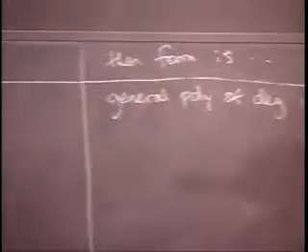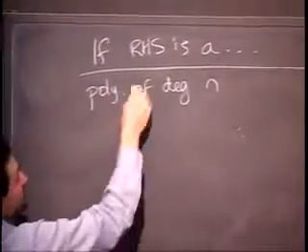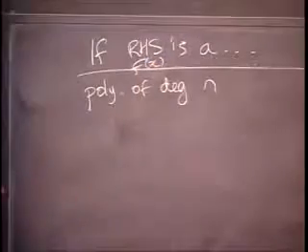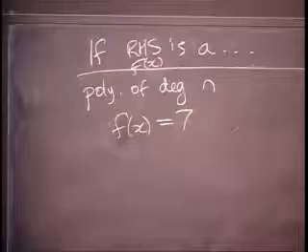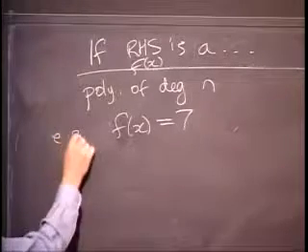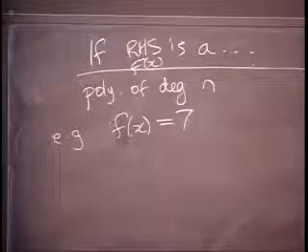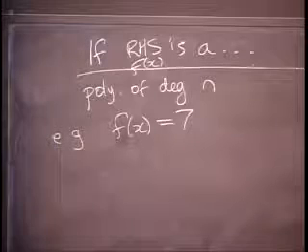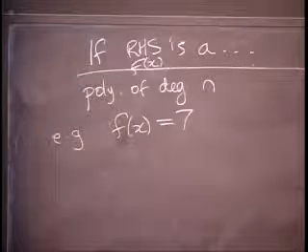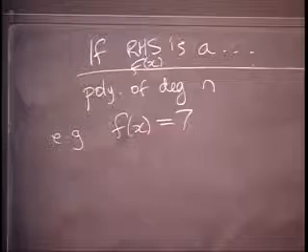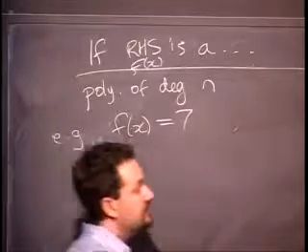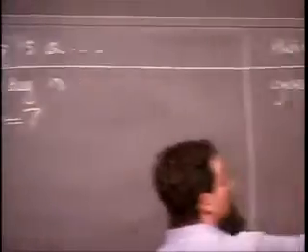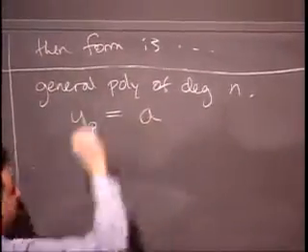For example, if the right-hand side is, and let's call it f of x for definiteness, if f of x equals, say, 7, so if the right-hand side, for example, is 7 instead of 0, 0 would be homogeneous, and then you don't need to muck around with these particular solutions at all. But if the right-hand side of your original differential equation was just the number 7, then the form is a general polynomial of degree 0. So the form would just be yp is just some constant a.